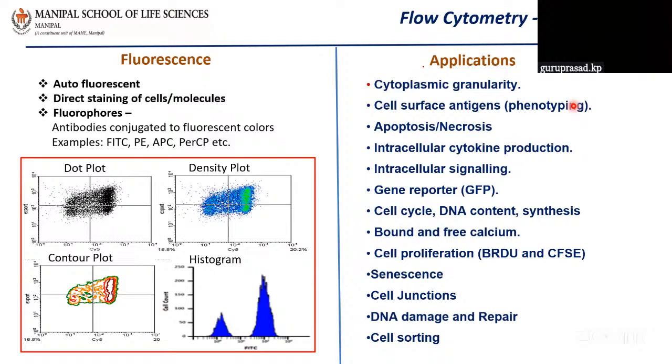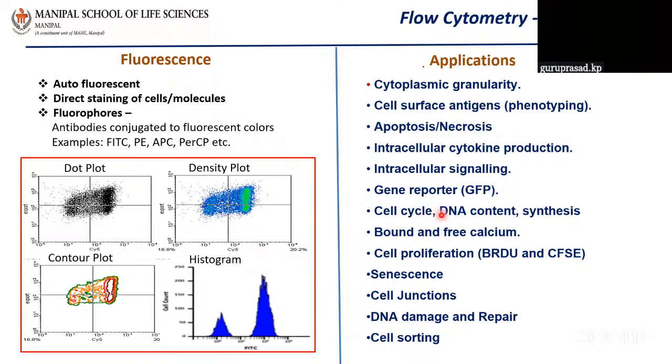And this is true for identification of a cancer cell. Cell surface antigens, or immunophenotyping, is majorly used in diagnostics also, other than regular research. People can look at apoptosis, necrosis, death phases. They can look at intracellular cytokine production, intracellular signaling, gene reporters, maybe using GFP, RFP, that is red fluorescent protein, yellow fluorescent protein, or any reporters.